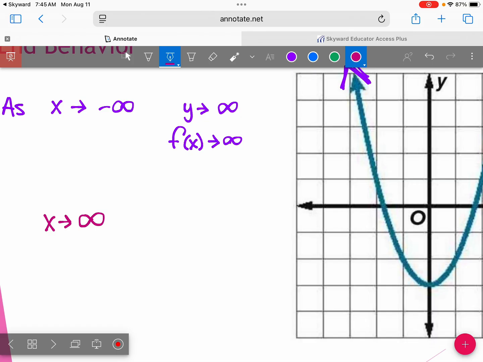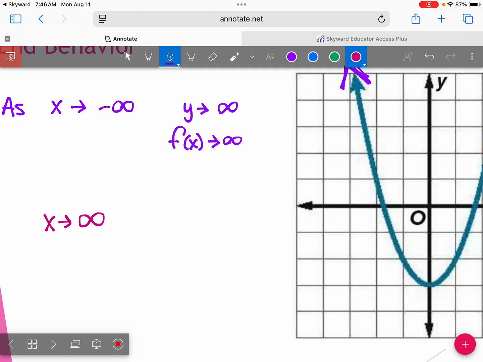What happens to f of x? Do they go up or do they go down? Up. More often than not, that's going to be your choice. Is it up or is it down?